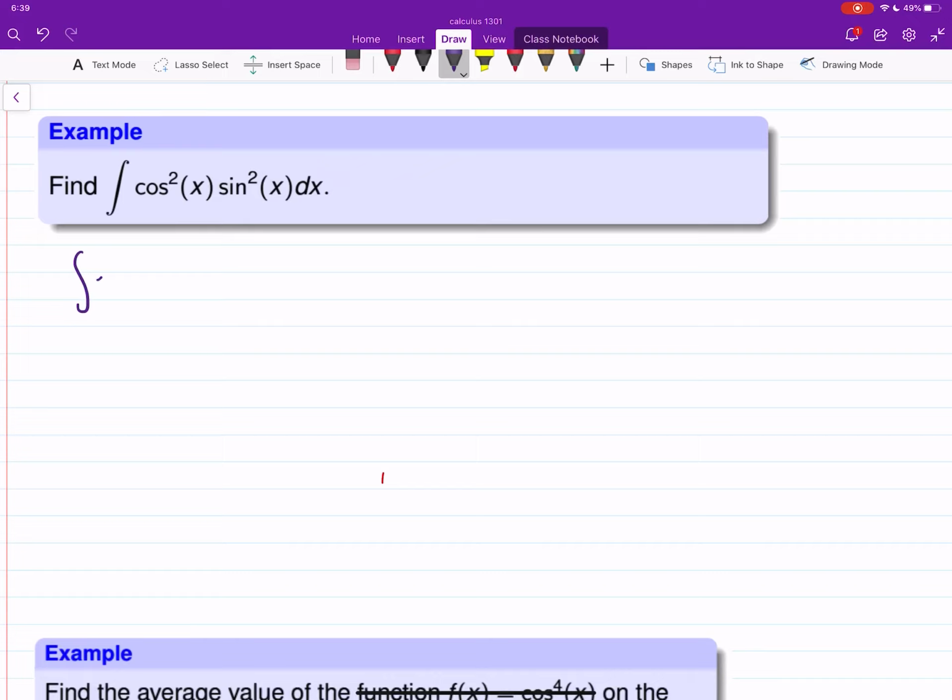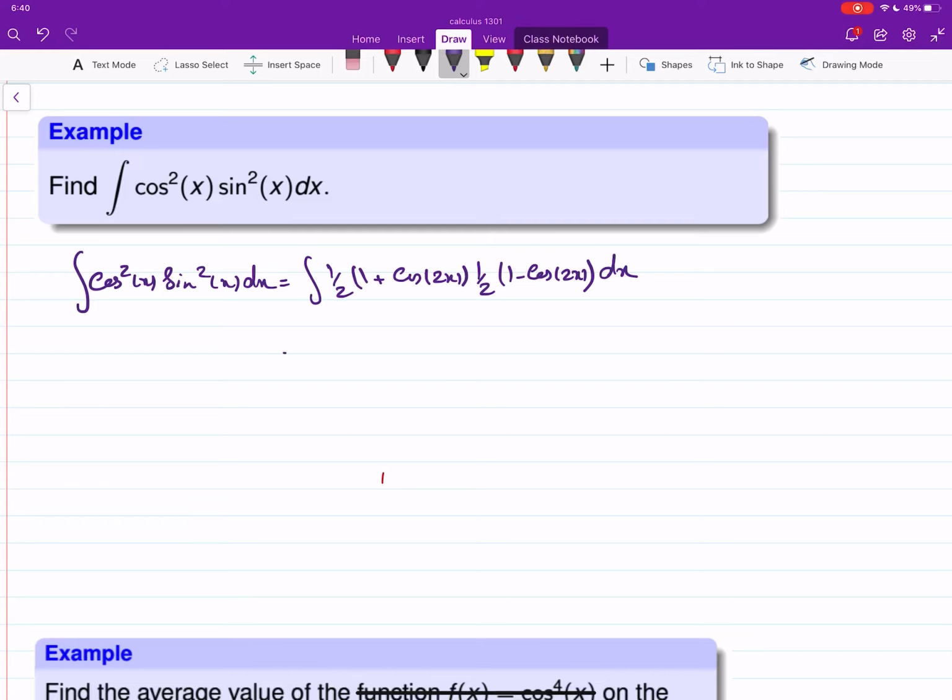As the general strategy says, when it comes to products of even powers of sine and cosine, replace each one using power reducing identities. So replace sine squared by half of 1 minus cosine 2x, and cosine squared by half of 1 plus cosine 2x.